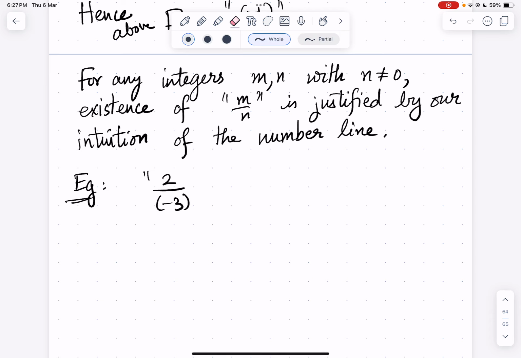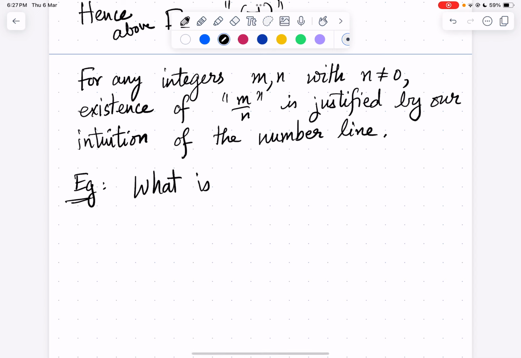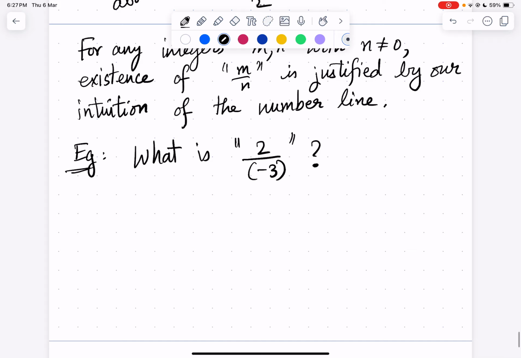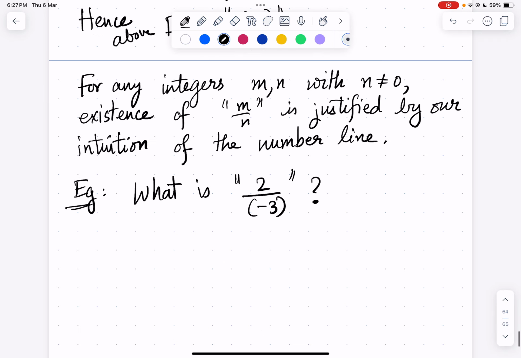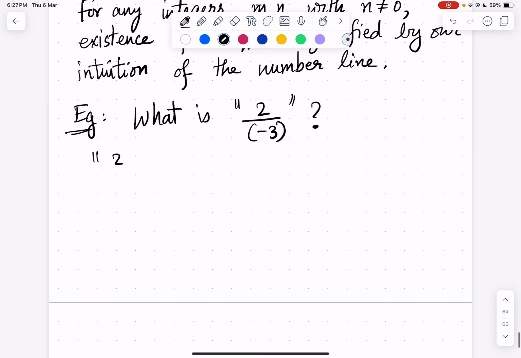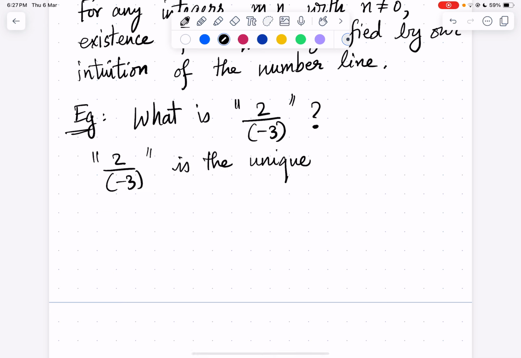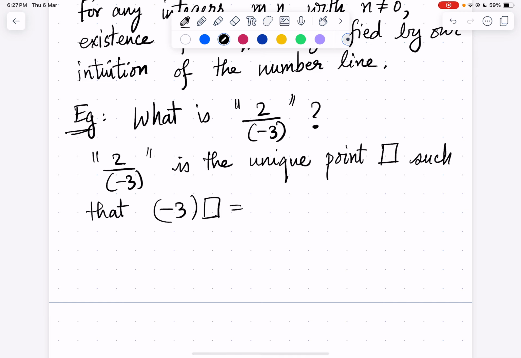So now again we can ask, what is 2 by -3? 2 by -3 is the unique point box such that -3 times box equals 2.